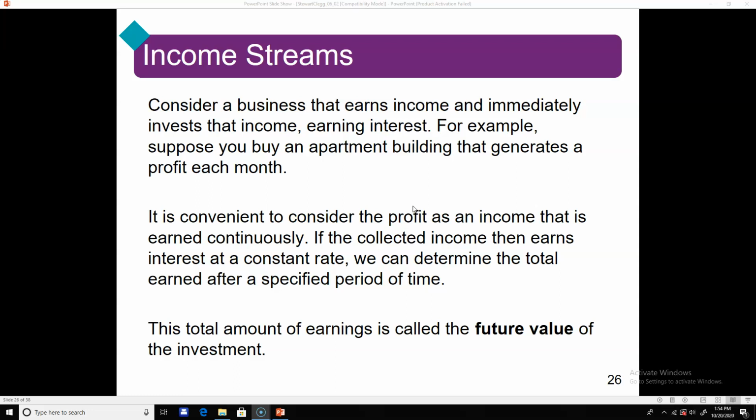So remember, when you talk about continuous interest, you're just talking about e to some rate times time. If you go back and look at your exponential formulas, typically continuous is going to be the form that involves Euler's number e. Okay, so the amount of earnings is the future value of the investment.